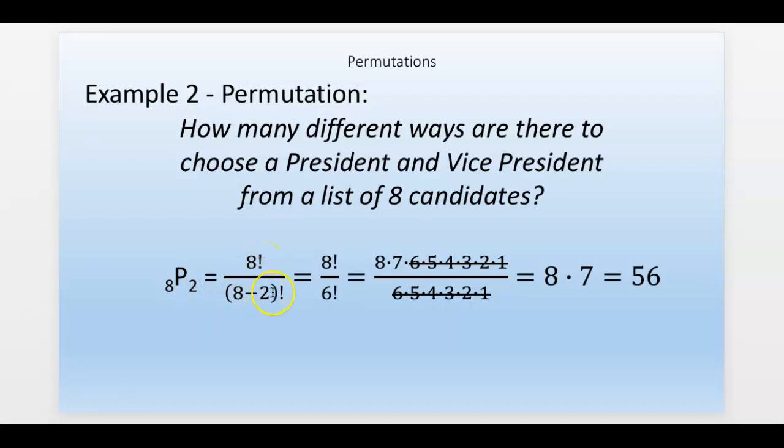The bottom is (8 minus 2) factorial, so that's 6 factorial. That gets rid of the 6, 5, 4, 3, and 2 on the top and the bottom. We're just left with 8 times 7. Again, from 8, arrange 2: just start with 8, and the first 2 numbers in this factorial sequence is 8 times 7.